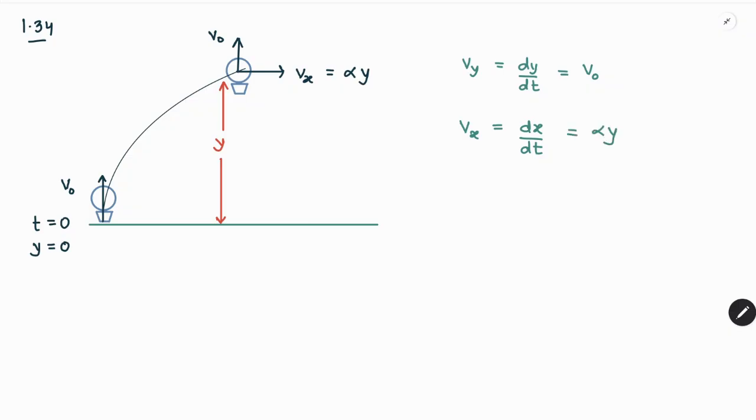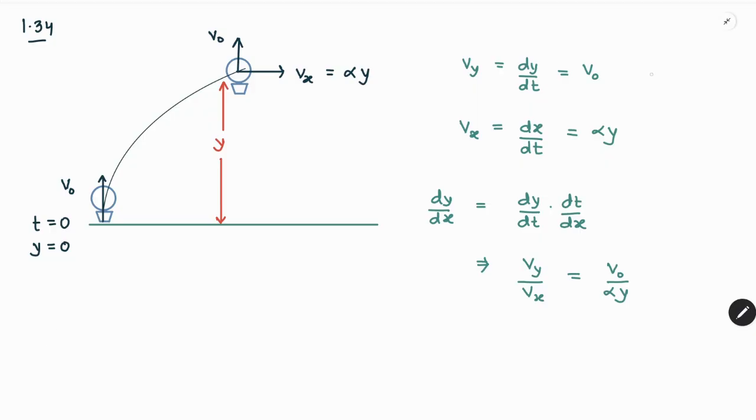So we have these two expressions. Now if we write the value of dy by dx, it can be written as dy by dt times dt by dx using the chain rule, and hence over here dy by dt can be written as vy and dx by dt can be written as vx, and from here we get the form v0 upon alpha y.